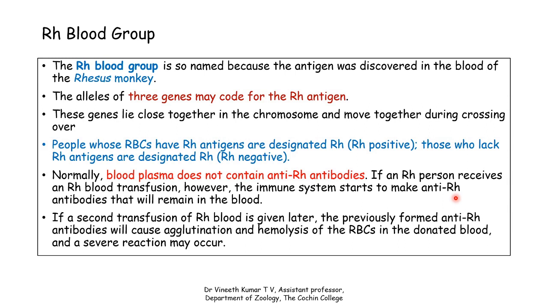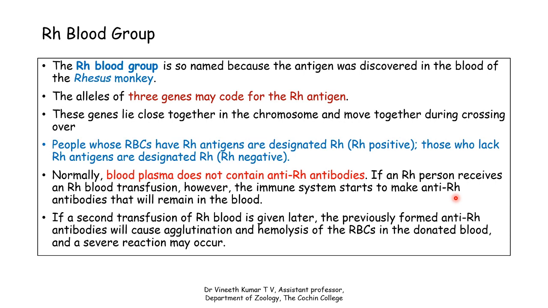As we discussed in the previous session, the ABO blood group is based on two antigens which are present or absent on the RBC membrane glycoprotein or glycolipid. Here it is based on another type of antigen called the RH antigen. The RH blood group is named because the RH antigen was first discovered in the rhesus monkey. That's why it is called the RH blood group and RH antigen.